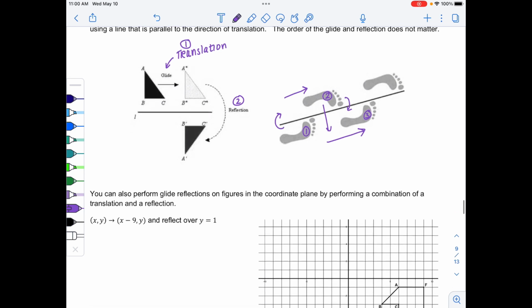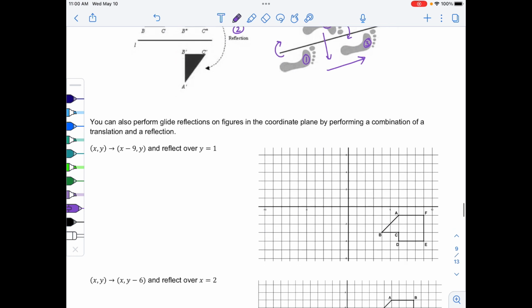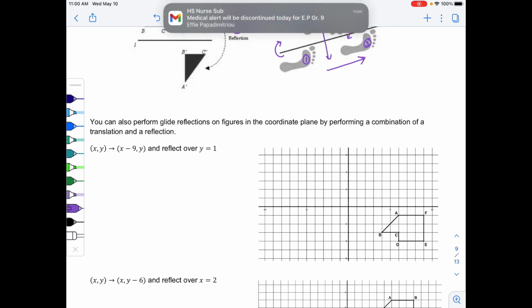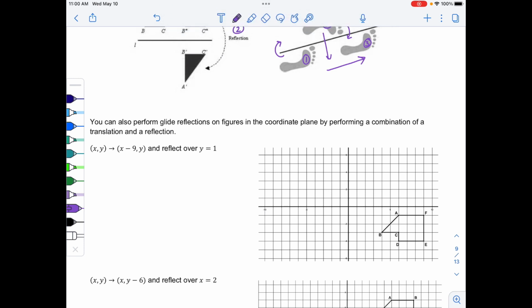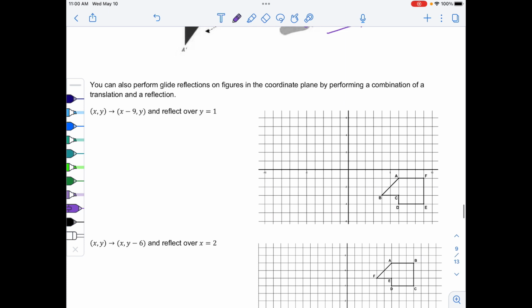Okay, you can also do these glide reflections on figures in the coordinate plane by just doing a combination of a translation and a reflection. We've done both of these, we're just putting them together in one. So for example, if I have a translation that maps x comma y to x minus 9 comma y, that means I am going to be taking every x coordinate in my pre-image and shifting it left 9 spaces.